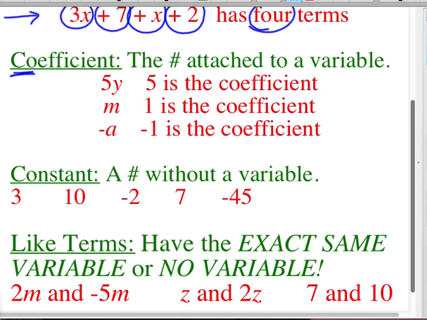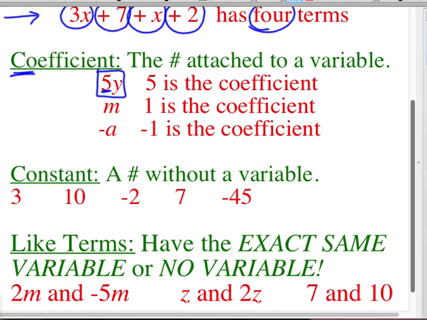So a coefficient is when there's a number stuck onto the letter of the alphabet, to the variable in the problem. So I'm looking here at the first one, 5y. 5 is the coefficient because that is the number that is stuck onto the variable y. That's easy, right? 5 is the coefficient.